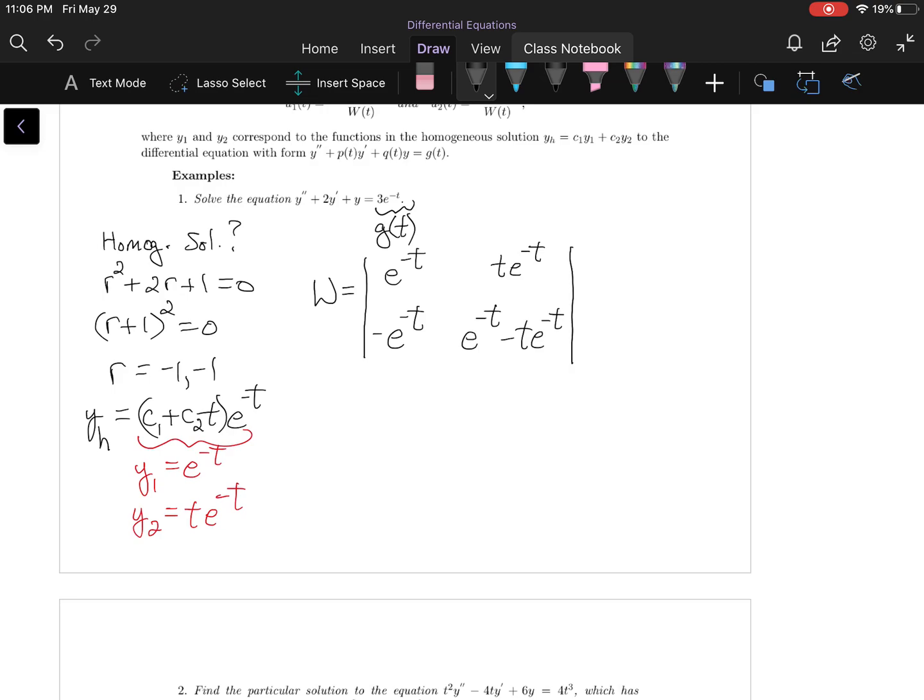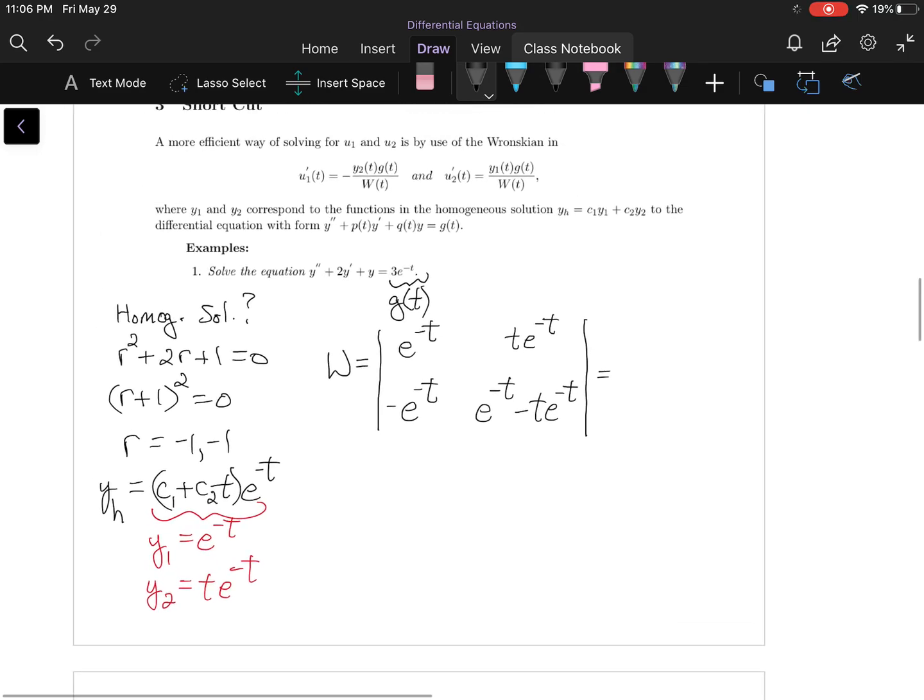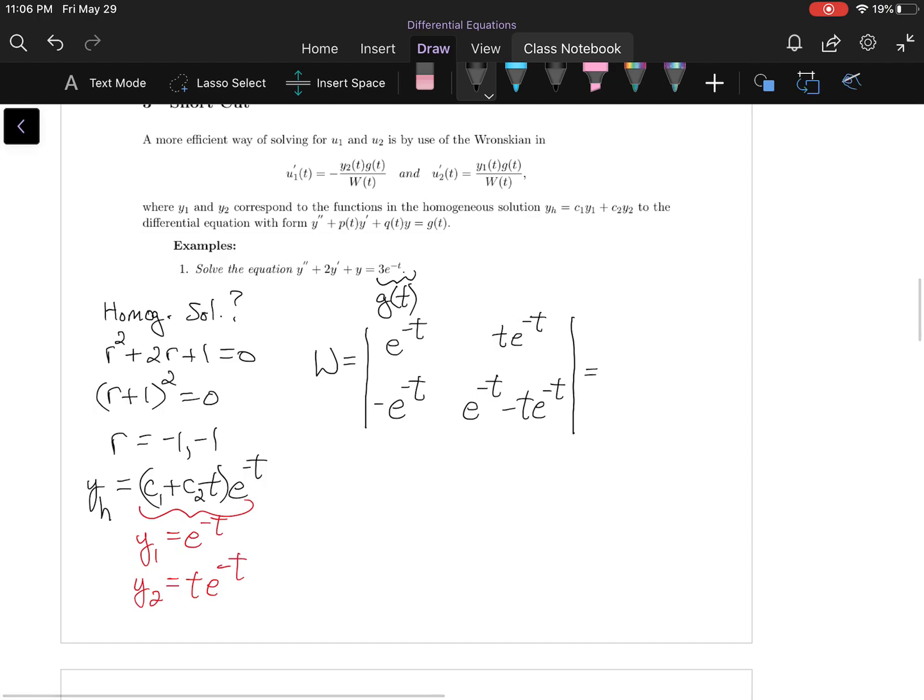using the product rule. The determinant of this is multiplying the diagonal, so that is e to the negative 2t minus t e to the negative 2t minus, now multiply the off-diagonal element, so that is the negative e to the negative t times the top right, t e to the negative t, which is going to be negative t e to the negative 2t.